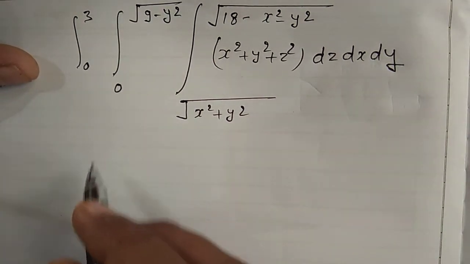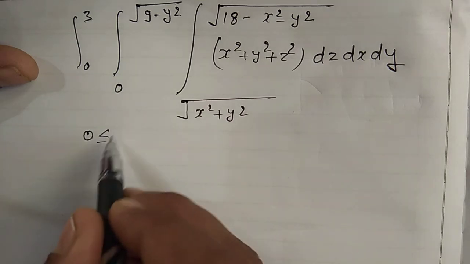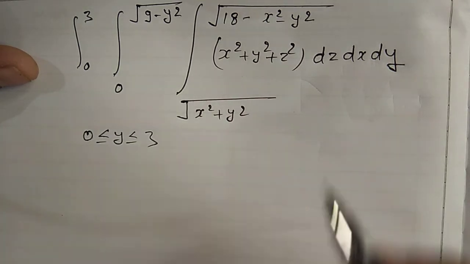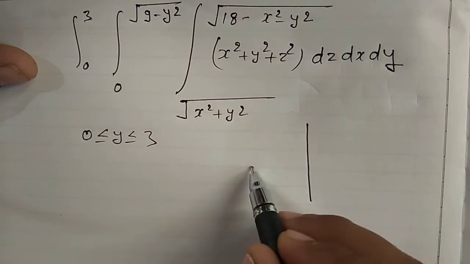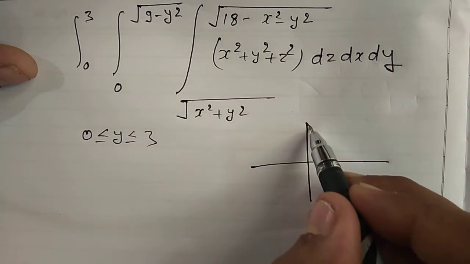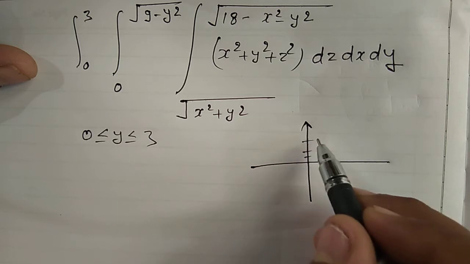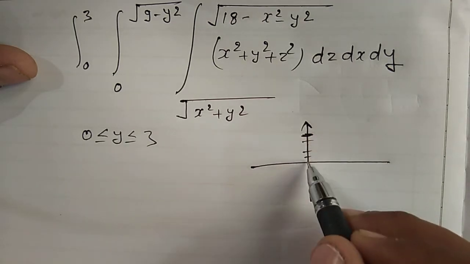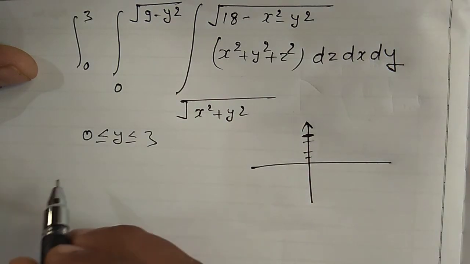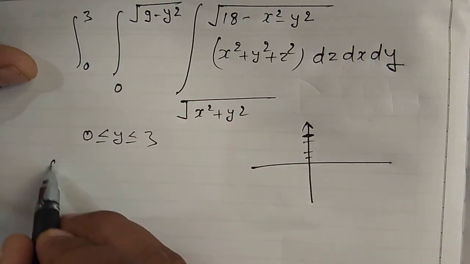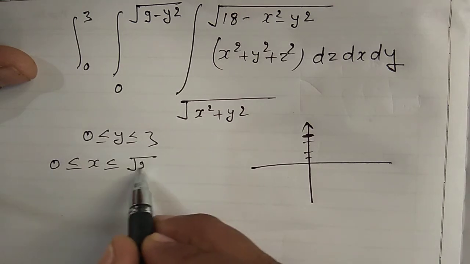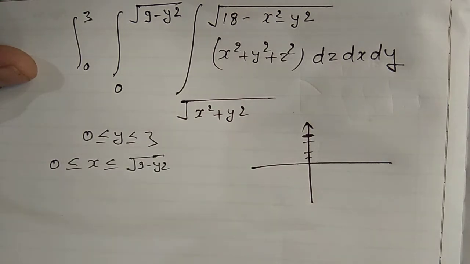So first, the y limit is given as 0 to 3. It means if you take the y axis, 1, 2, 3 somewhere here, y is positive here, fine. Now if you take the x limit, x is positive and under root 9 minus y square.